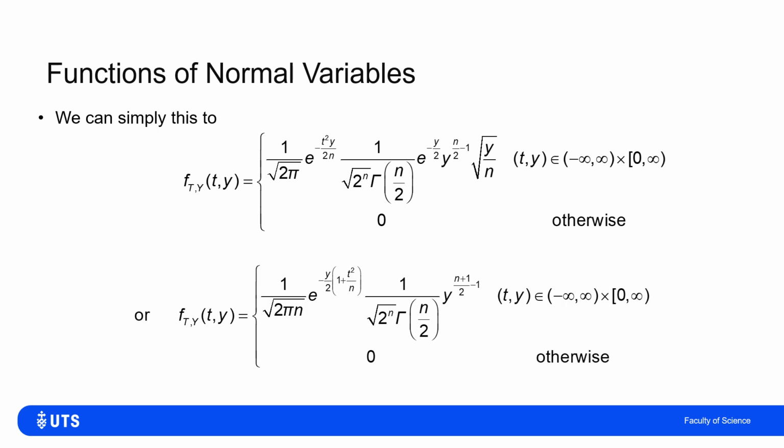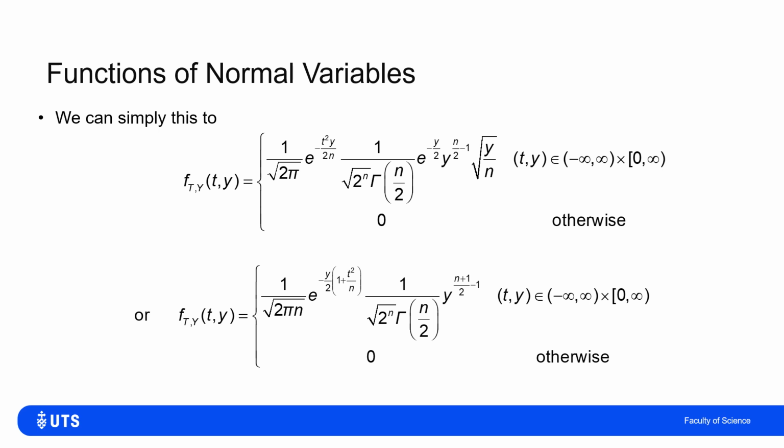Now, this is not something nice and simple, because I've got the t's and the y's tangled up with each other, because they're not independent of each other. So unlike when I derived the distribution of a chi-squared with n plus n degrees of freedom, maybe a video or two back, we could see the separation and we could just pull the two distributions apart and say they're independent.